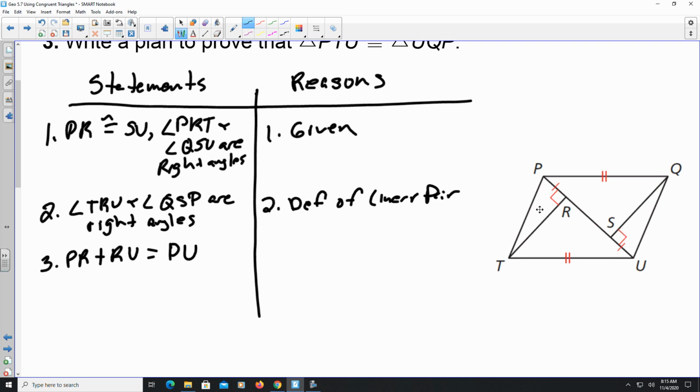You can also say that PS plus SU is going to be equal to PU. The reason I can make that statement is segment addition.